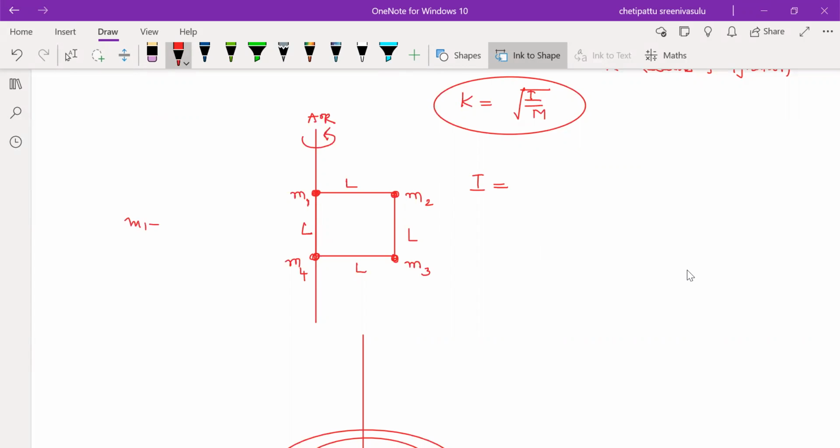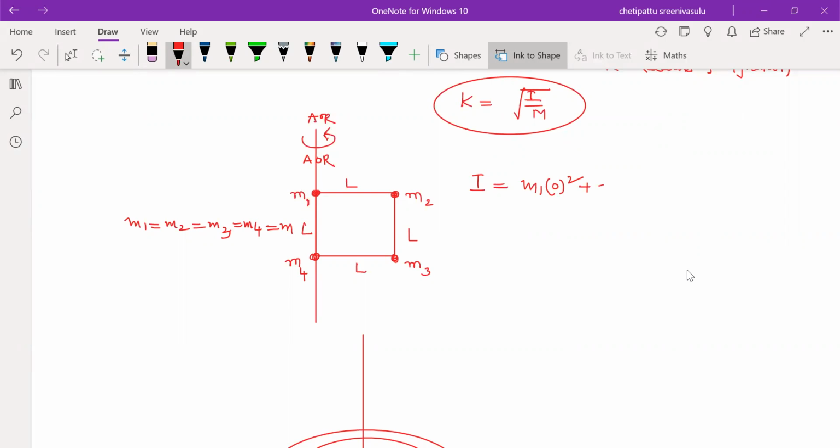Here m1 equals m2 equals m3 equals m4 equals m. All masses are equal. For the first one, write m1 into r square. The perpendicular distance from the axis of rotation is 0, that's why m1 times 0 square.